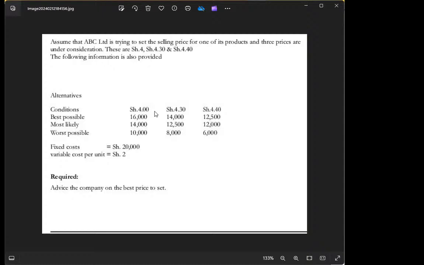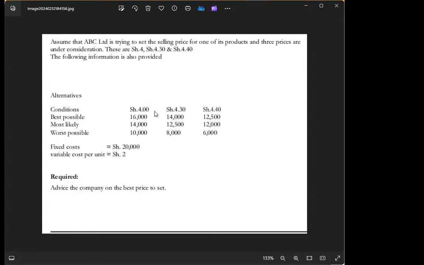Fixed cost is given as 20,000. It does not change. For every possible condition, for every selling price, our fixed cost will be 20,000. The variable cost per unit is given as 2 shillings per unit.